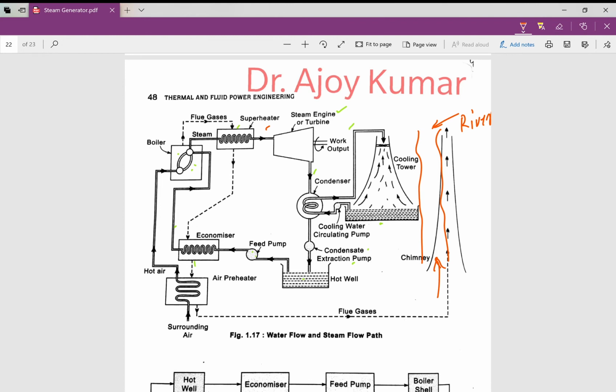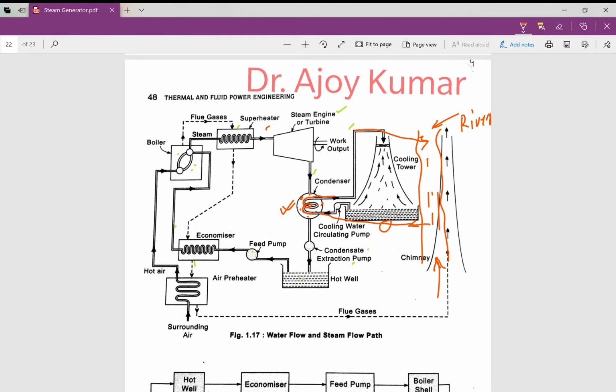So then what happens? This cold water we can get directly from the river with the help of a pump, and then this hot water we can supply over here, because we require a huge amount of water for condensation in the condenser. In fact, there is an indirect contact between this cooling water and this condensed steam, right?